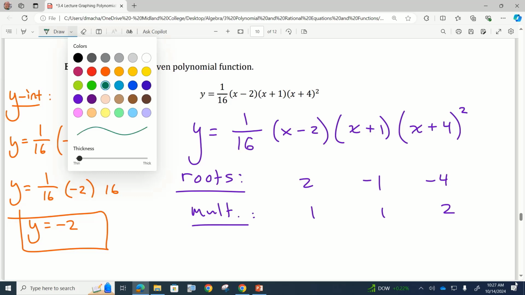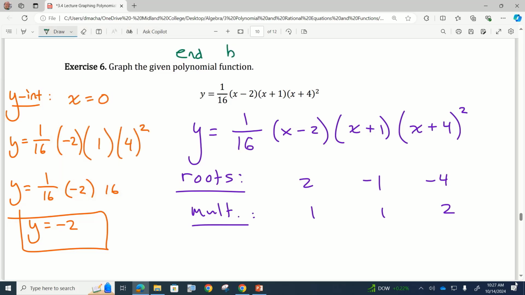The last thing I need to know is my end behavior. And the end behavior cares what is my degree. How did you know the degree was 4? You add the multiplicities. Again, if you're looking at a polynomial in expanded form, then the degree is the largest power of x.